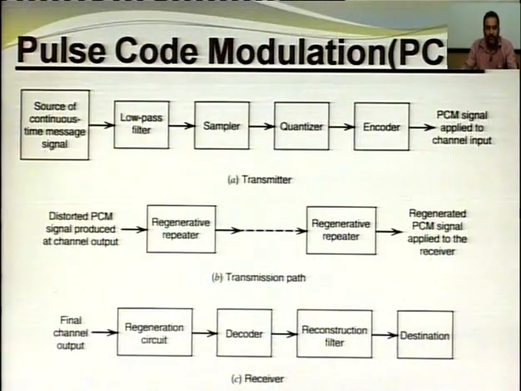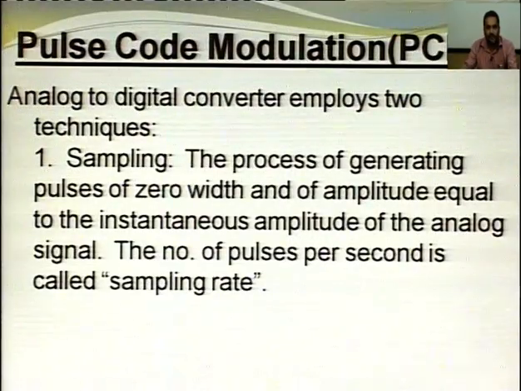Again a regenerative circuit is used, then decoding is done, means reverse of encoding, in case of the receiver for demodulation. Then a reconstruction filter is used, which reconstructs the samples, and at the destination the original analog signal is received.